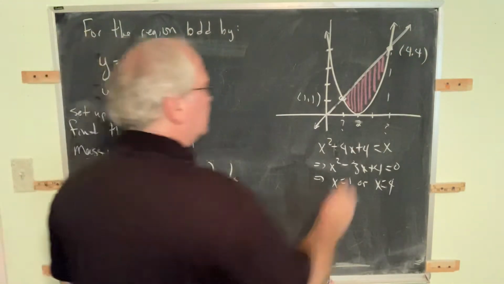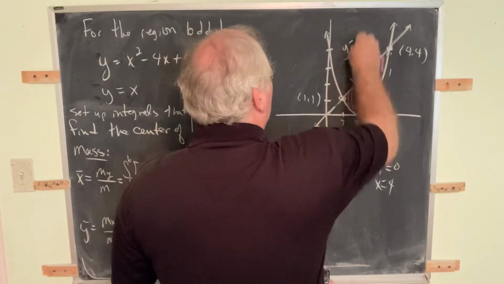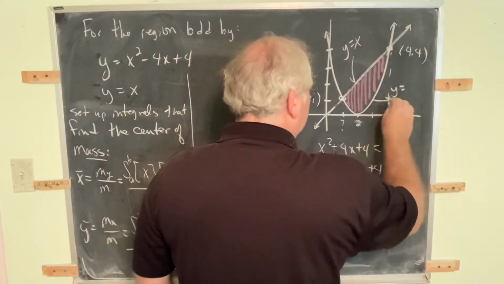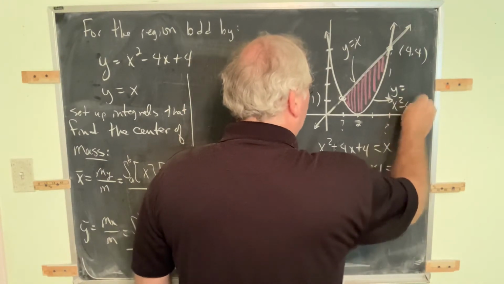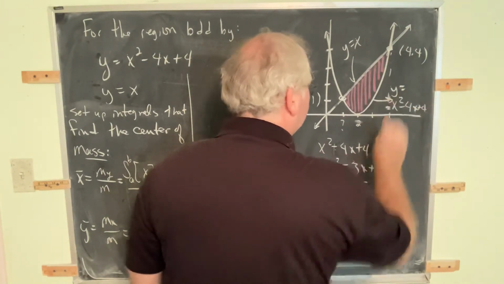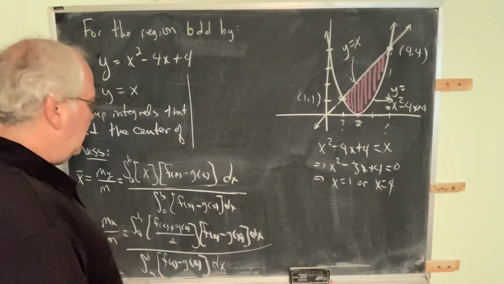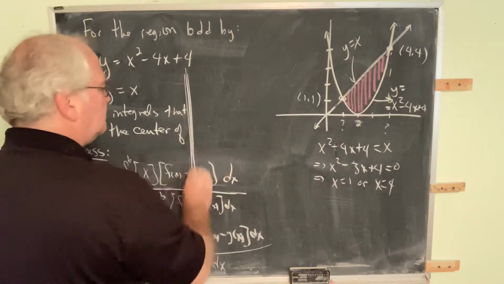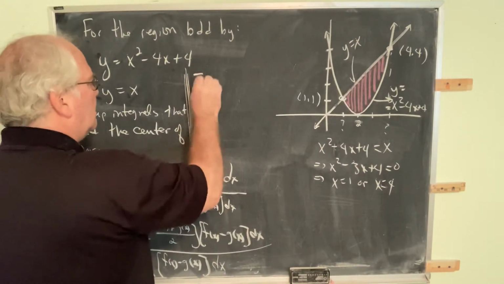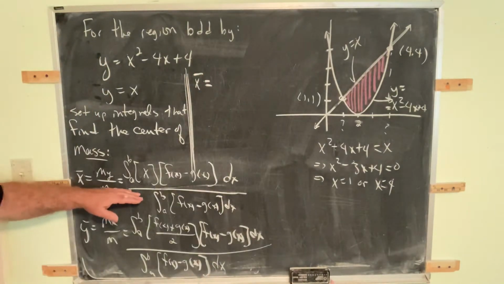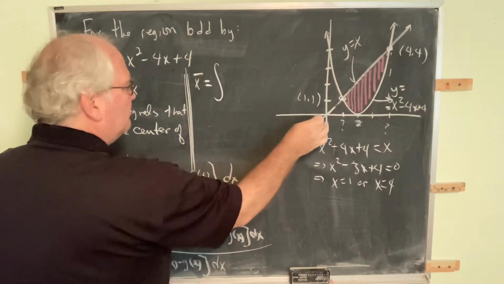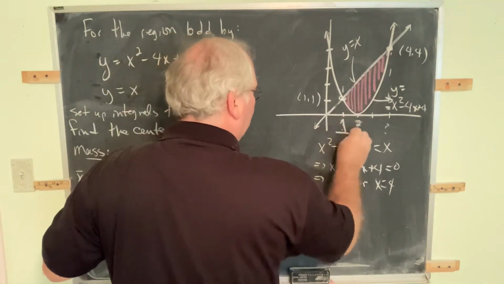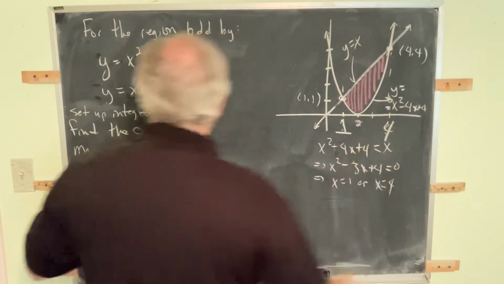This function is y equals x, and this function is y equals x squared minus 4x plus 4. All we need to do is plug and chug. So x bar is given by the integral, and the endpoints of the integral are from 1 to 4.